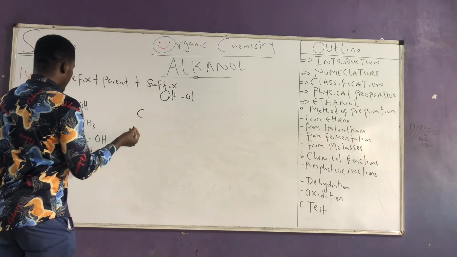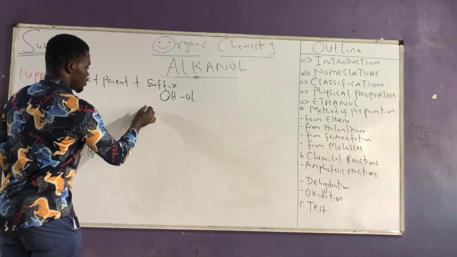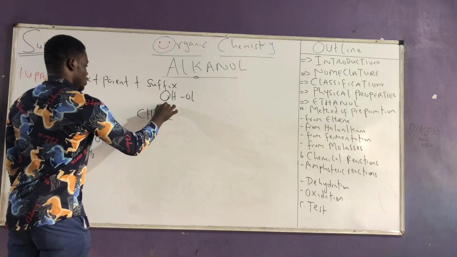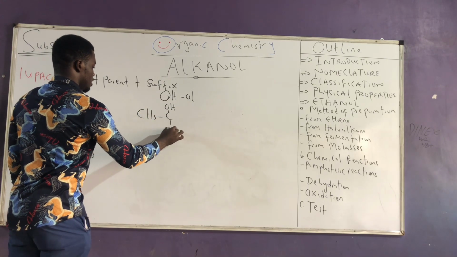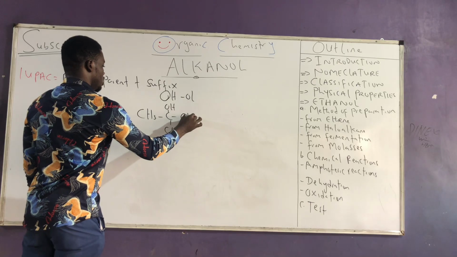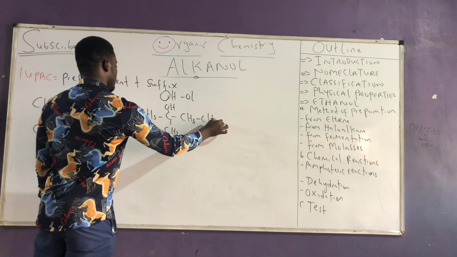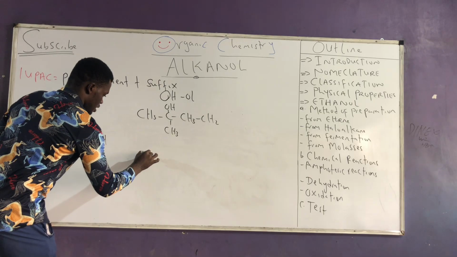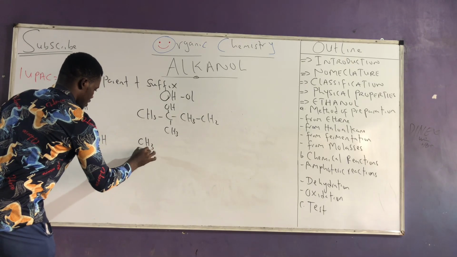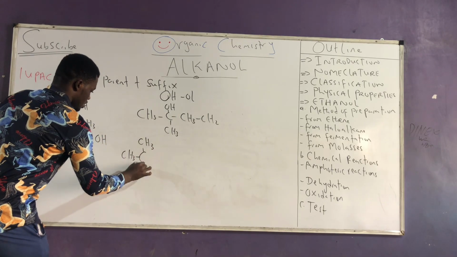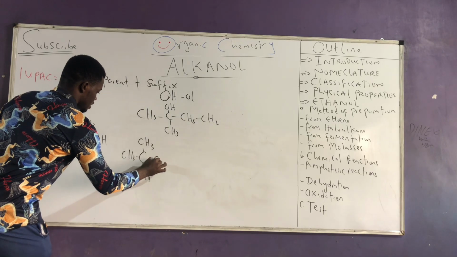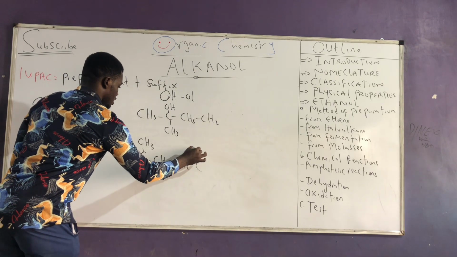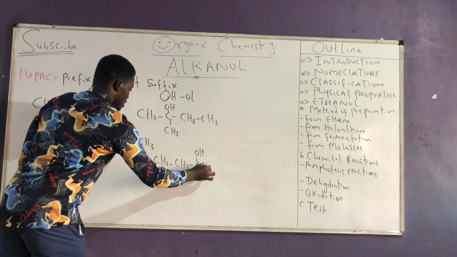Let's write a bunch of alkanols on the board. I can start from CH3, CH2, OH, CH3, CH2, CH3, CH3, the OH functional group, CH3, OH, CH3, CH3, CH2, CH3, CH3, CH3, CH2, CH2, OH, CH2.